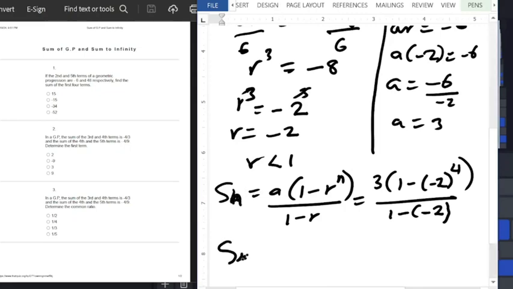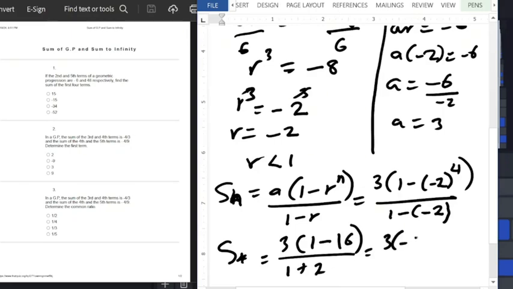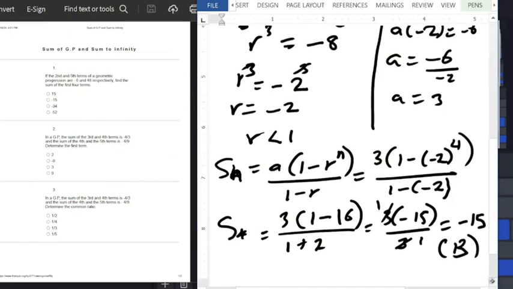Then S4, the sum of the first 4 terms, equals 3 into 1 minus 16, all over 1 plus 2. So we now have 3 into -15 all over 3. So 3 cancels 3, and we are left with -15, which is option B.